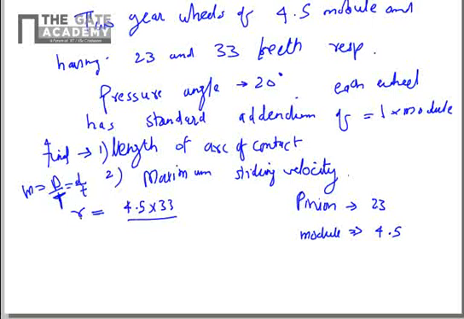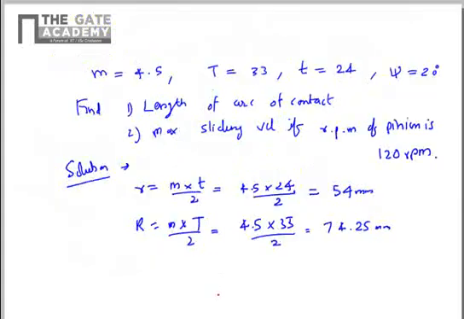So r is d by 2. For the pinion, the pitch circle radius is 54 mm. Similarly, for the wheel, the pitch circle radius is 4.5 into 33 divided by 2, equal to 74.25 mm. So we have found the pitch circle radii for both the wheels.